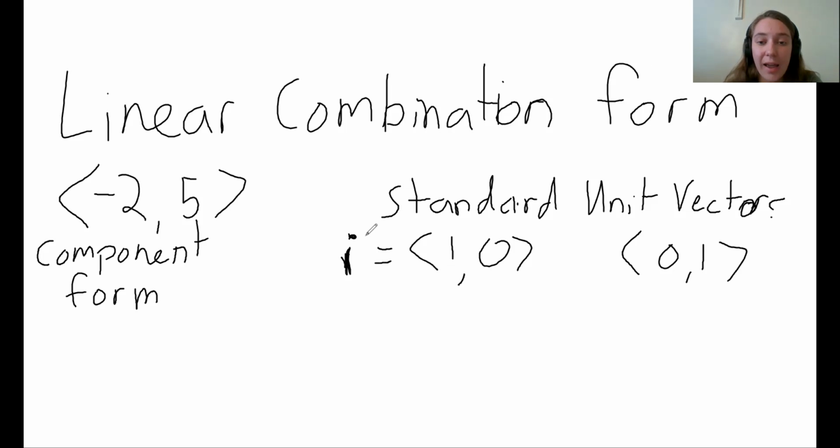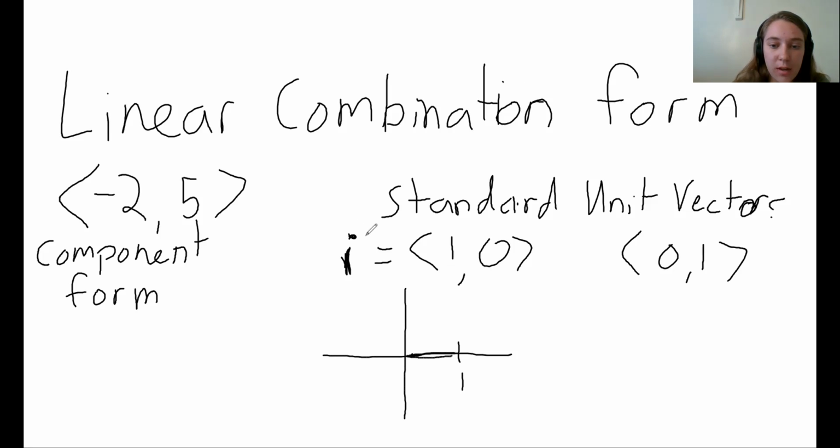And this i represents the horizontal movement of a vector. If you draw it out, that's going to be the vector just going right there. The vector 0, 1 is equivalent to j.